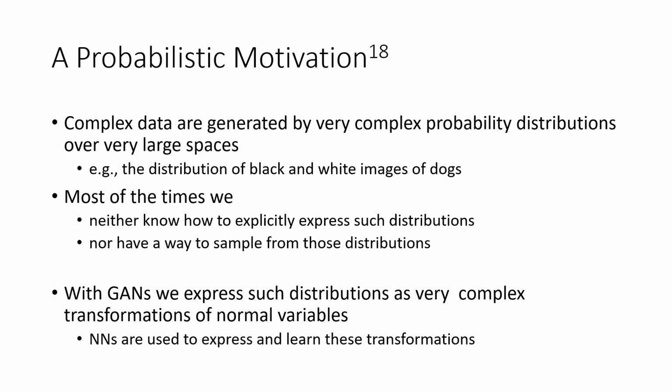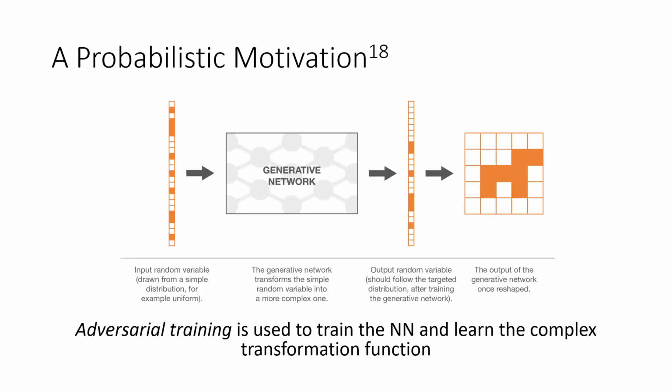So with GANs, we use as input something that comes from a normal variable, and then we pass it through the GAN, which is a neural network, and this network has learned to transform this variable, which is initially normal, to a variable in the probability distribution of the data, which we don't know, but we learn how to transform there. To map. Okay, so that's basically the graphical example here.